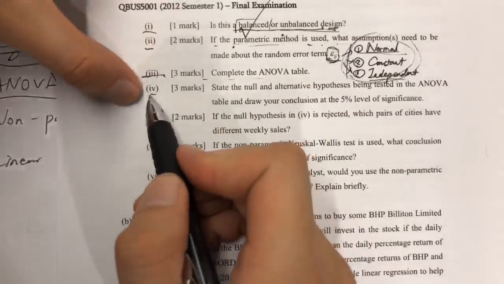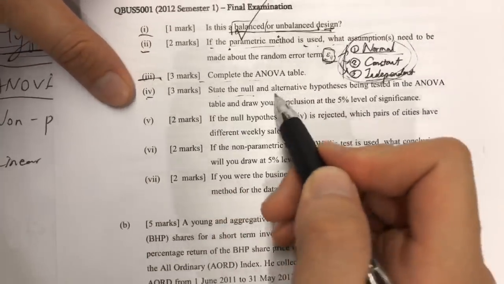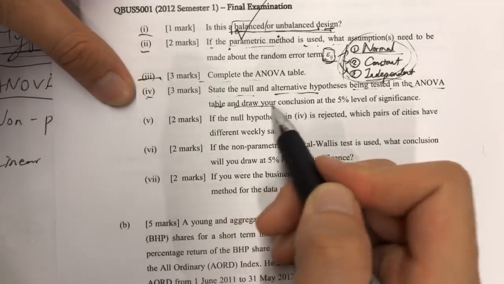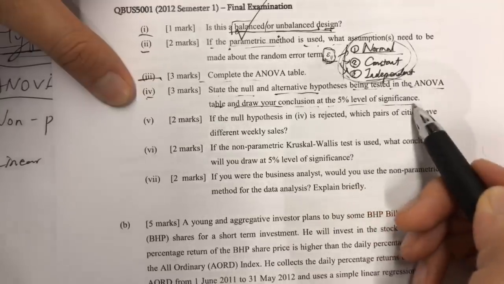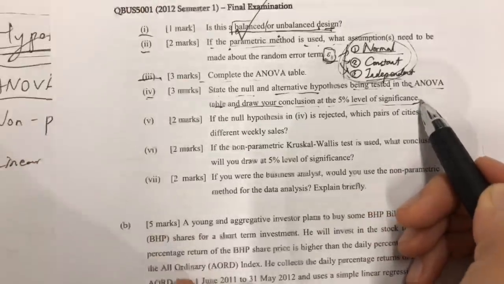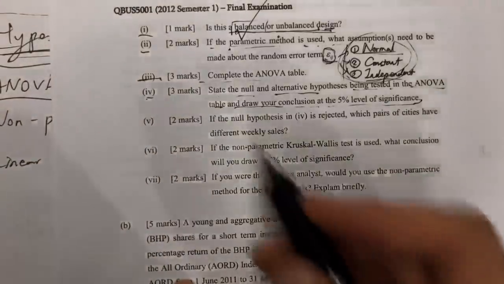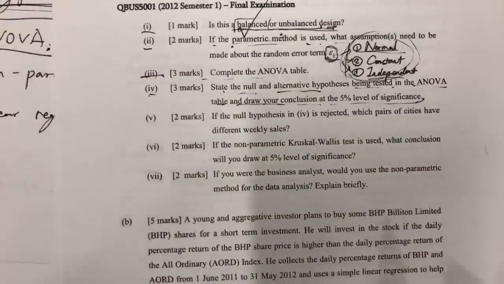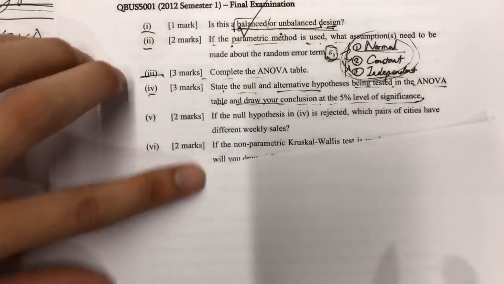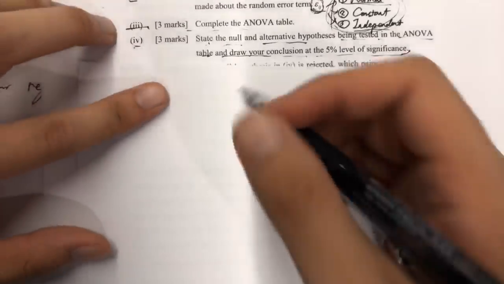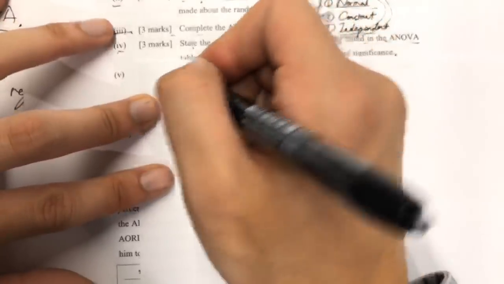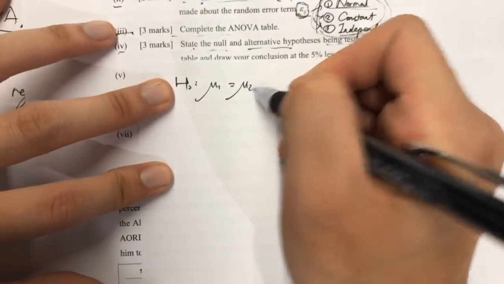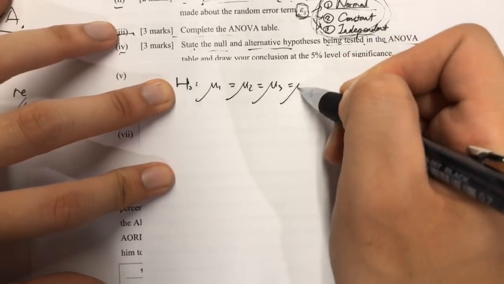Question number 4. State the null and alternative hypothesis being tested in the ANOVA table and draw your conclusion at the 5% level of significance. Okay, so we need to state the null and alternative hypothesis first. This is what we did just now, right? So the null hypothesis H0 is mu1 equal mu2 equal mu3 equal mu4.